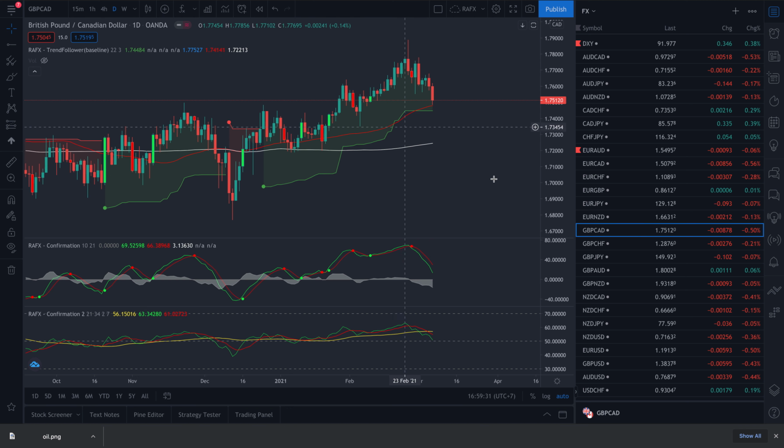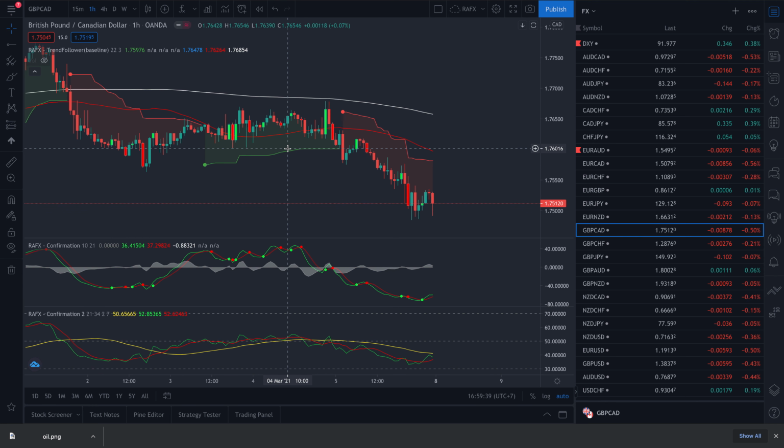So in this case, we need to check for entry trigger in 1 hour time frame. So let's see if we will find that. So obviously at first glance we immediately notice that it doesn't have our entry trigger yet, because the trend follower indicator is still on the downtrend.